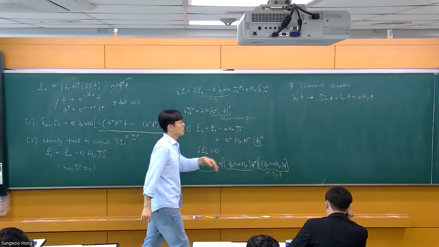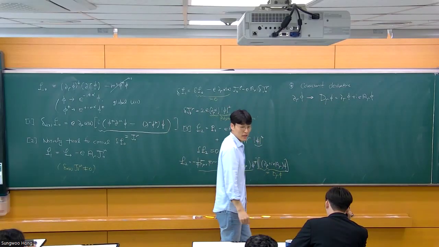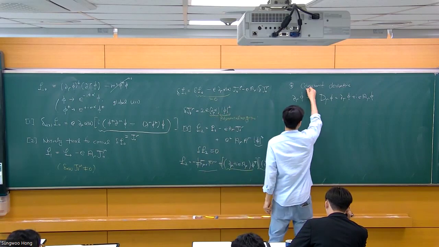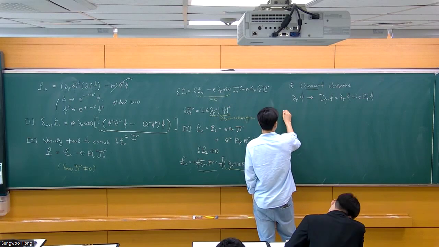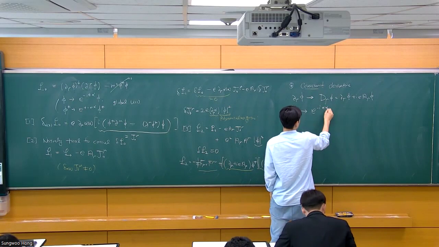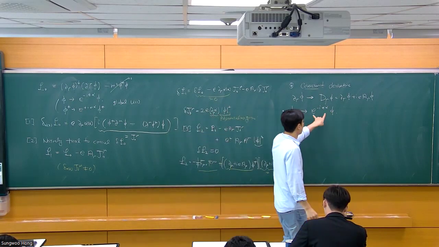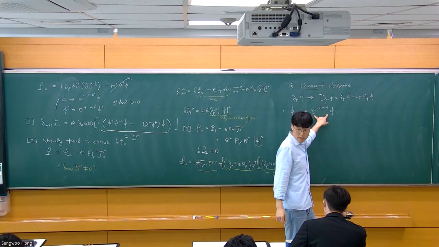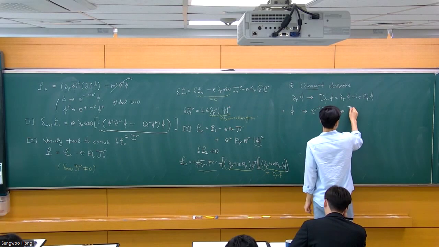Here is an alternative way of deriving or seeing this formula, and why it's called the covariant derivative. The motivation is the following. Recall phi goes to e to the i alpha phi. Once you have this linear transformation, it's so easy to construct an invariant.